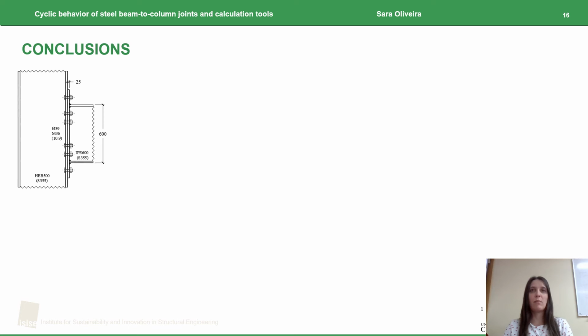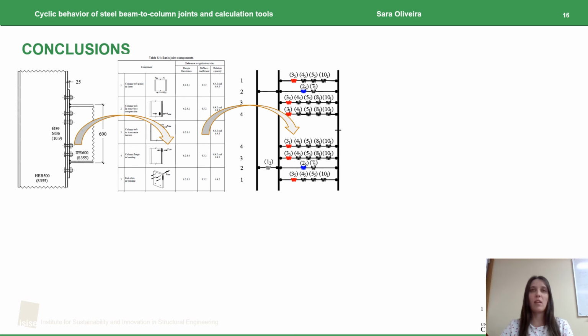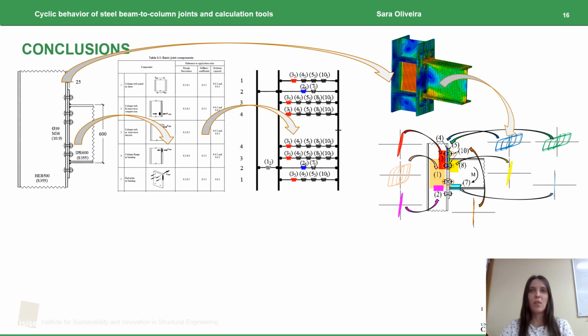In a summarized manner, in order to develop the cyclic component method, the following steps were taken. Identification and classification of the components according to the Eurocode 3. Assembly of the mechanical model. Analysis of the joint using a refined 3D finite element model. Extraction of the force-deformation curves for each component.